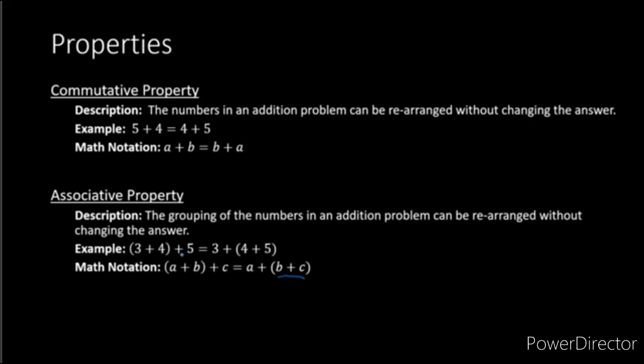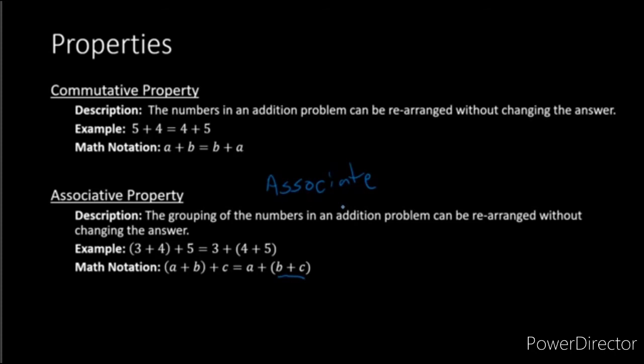Now a way to remember this property is in the word associative, we see the root word associate. Now the word associate in English has the idea of being in a group. So for example, if you associate with a particular group of people, that means you're part of that group.